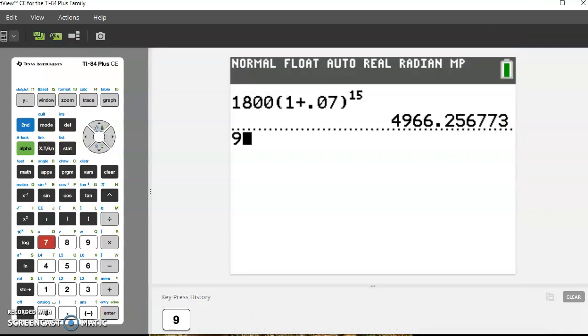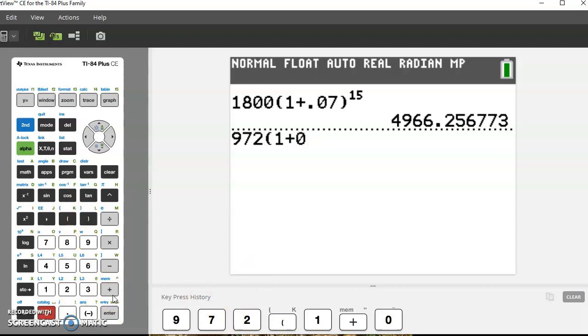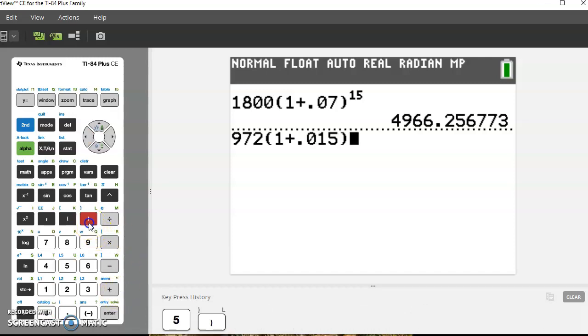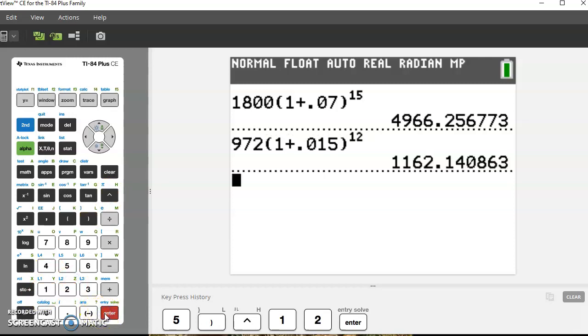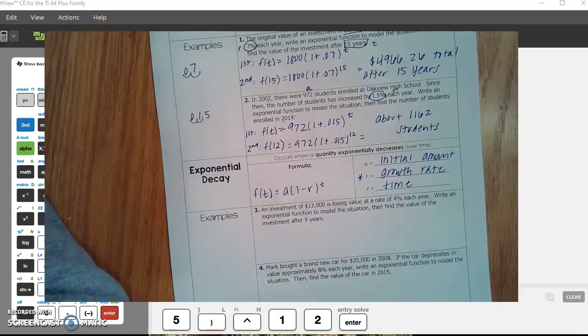So we have 972 times 1 plus 0.015, raised to the 12th. So since we can't have a decimal, I would say it's about 1,162 students, give or take. And that would be your final answer.